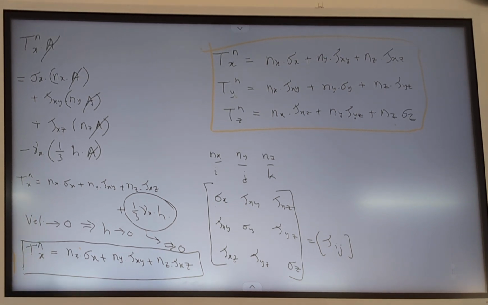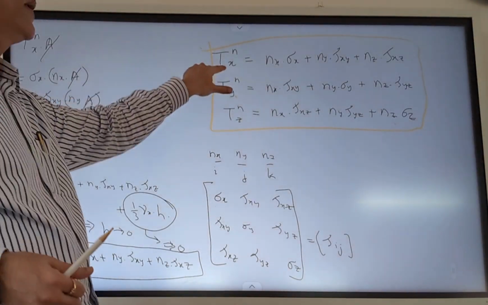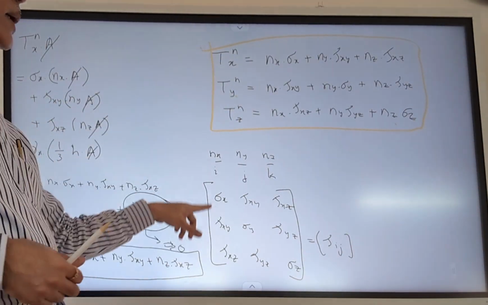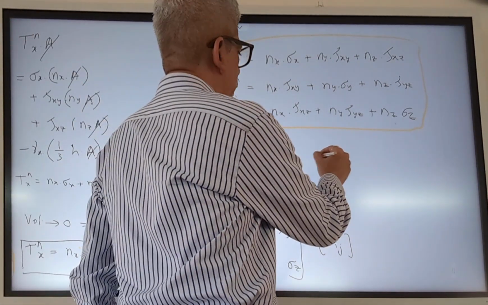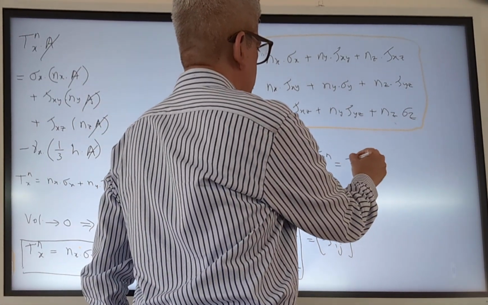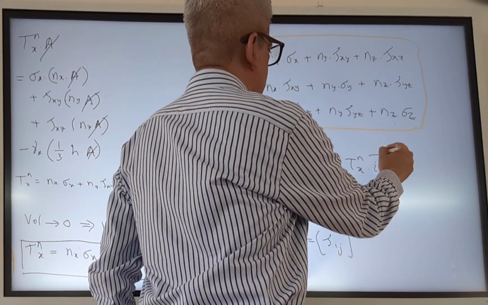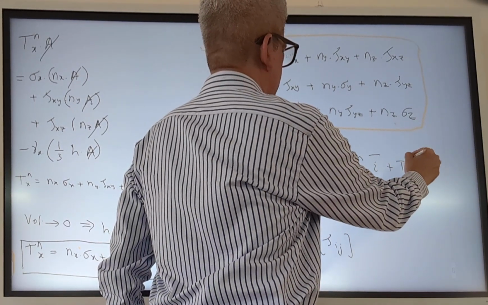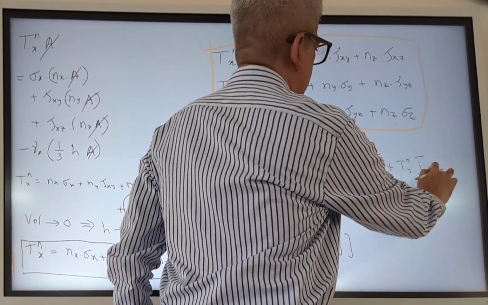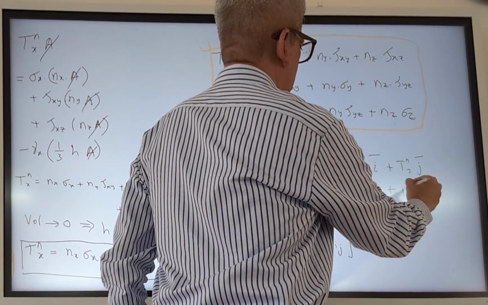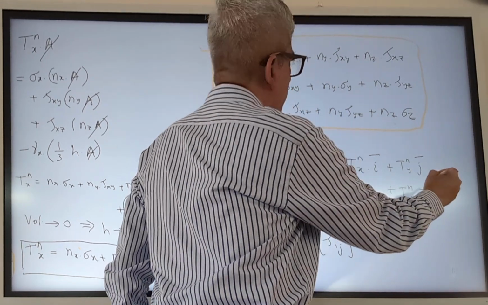Once you get the traction vector on any arbitrary plane, if you know which plane you are dealing with, you can directly use these equations. Usually these equations in Cartesian components are not useful. You have to resolve them. What this component gives you is Tn bar, that is Tnx i bar plus Tny j bar plus Tnz k bar.